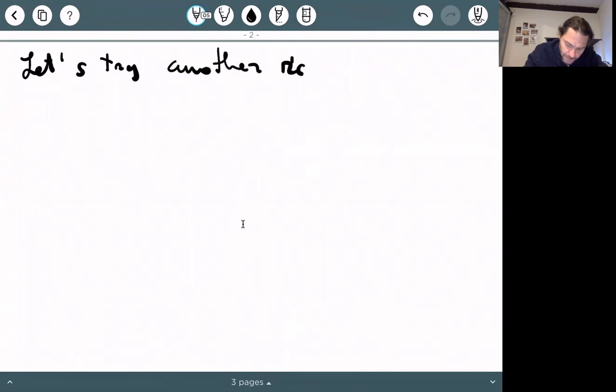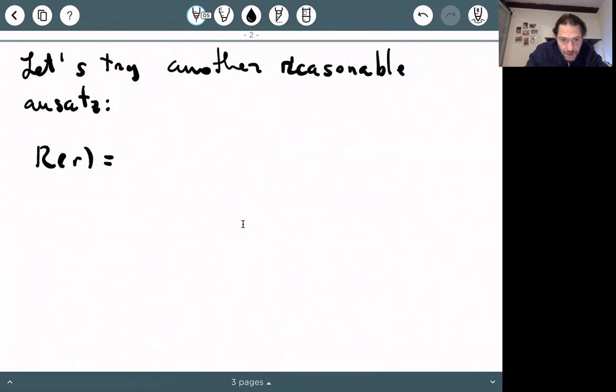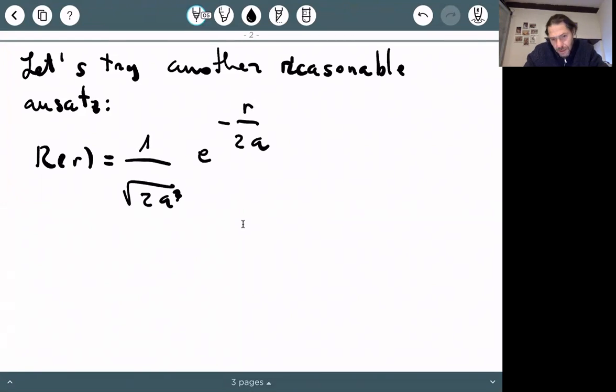Another reasonable ansatz. And this is one in which the radial part of the wave function is 1 over the square root of 2 a³, times simply an exponential of the radial wave function.